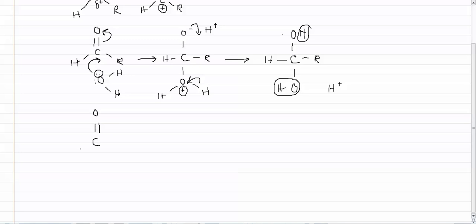So that's got two different alkyl groups attached. And let's imagine that our nucleophile now is an alcohol. Again, an alcohol can act as a nucleophile because it has the oxygen there with its non-bonding pairs.